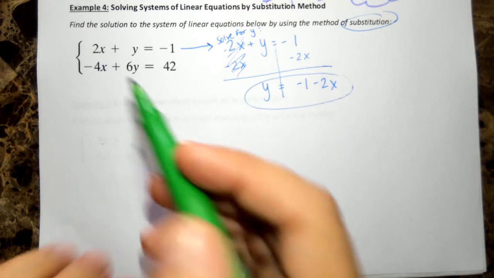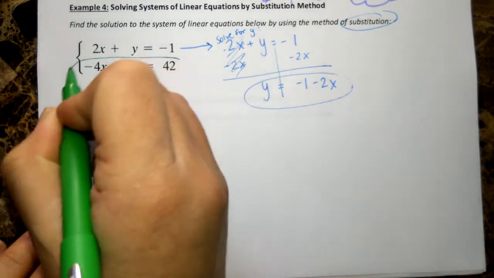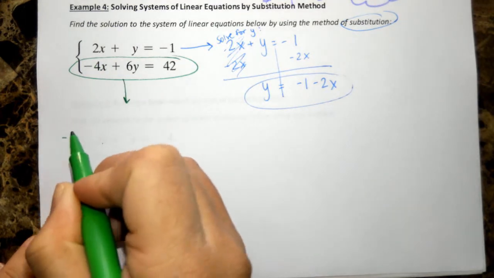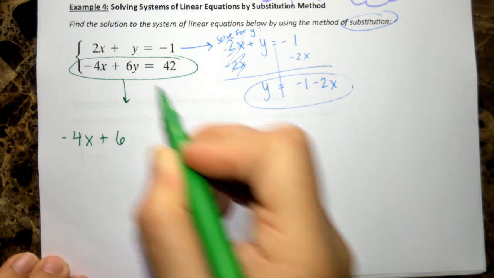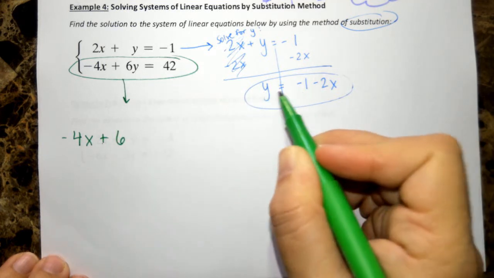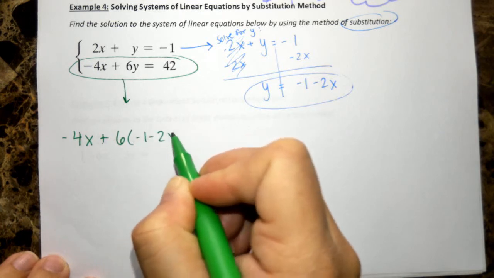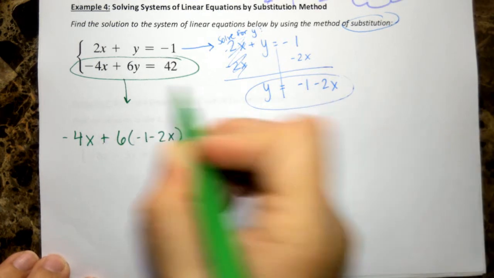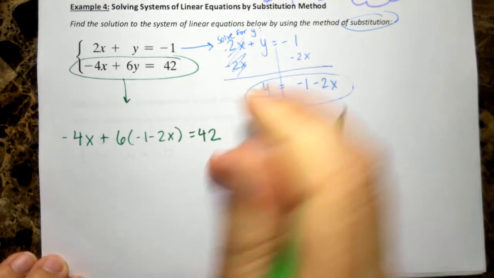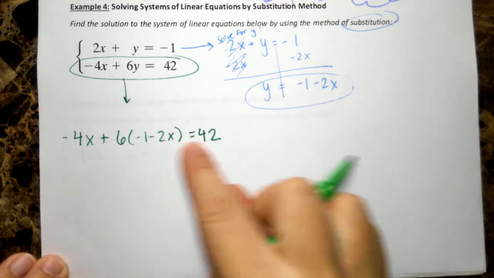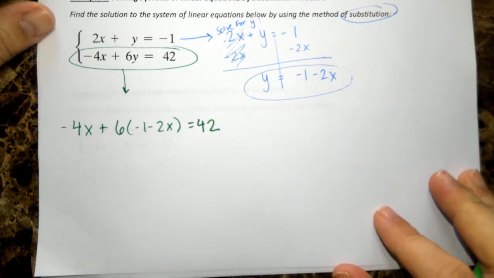So I'll bring the second equation down: -4x plus 6, and instead of y, I'm going to replace it with what y equals, which is -1 minus 2x, equals 42. What you've done is make an equation with just one variable, x, and you can solve that now.